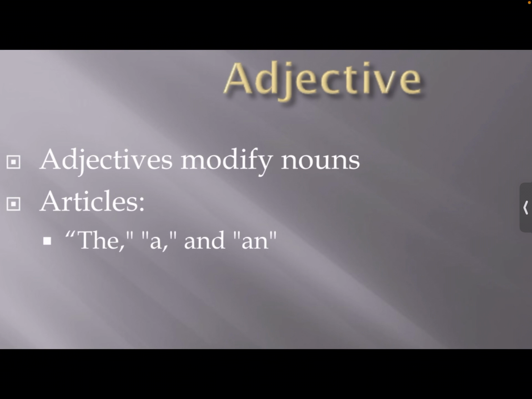Because adjectives are used to identify or quantify individual people and unique things, they are usually positioned before the noun or pronoun that they modify. And we can use the articles the, a, and an.